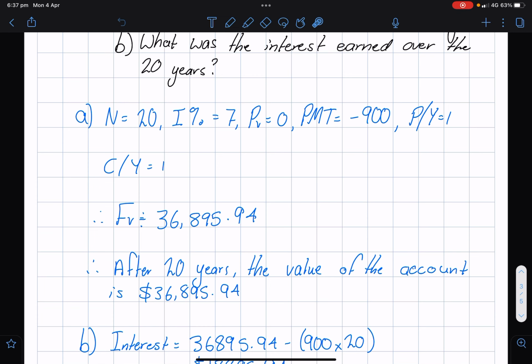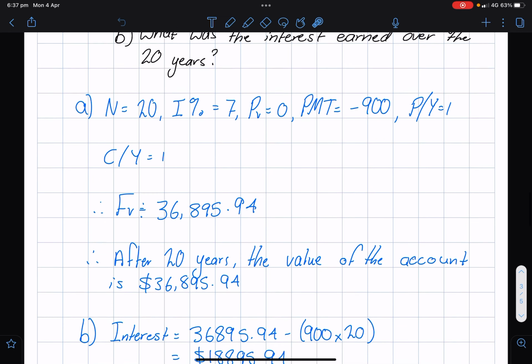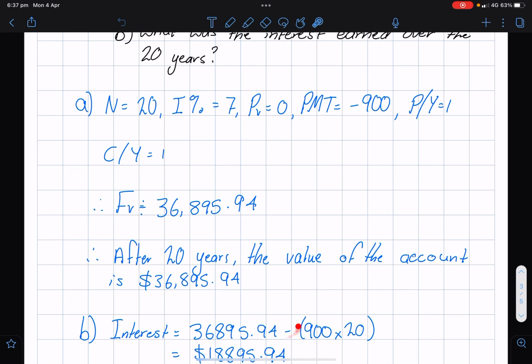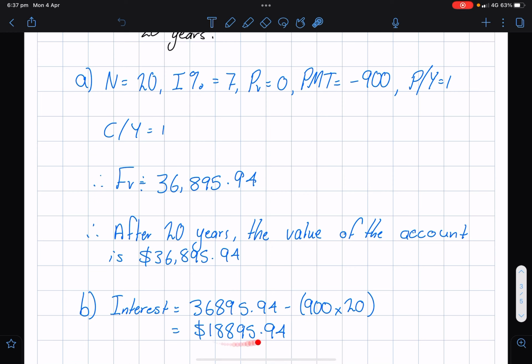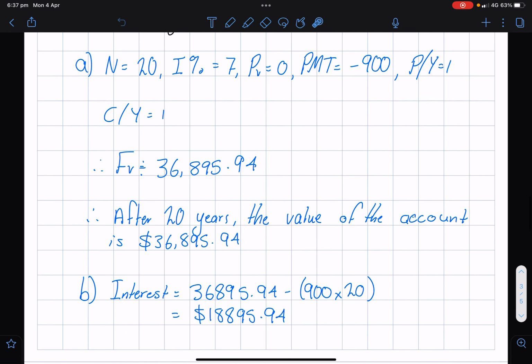Interest equals our total balance at the end, 36,895.94, take away the $900 we deposited 20 times. So our interest earned was $18,895.94. And that's part A and B done.